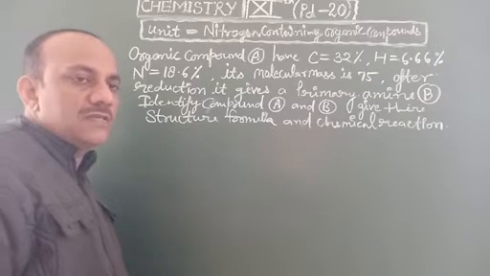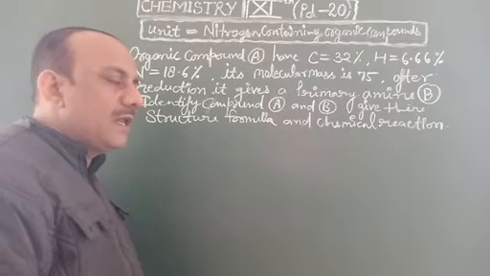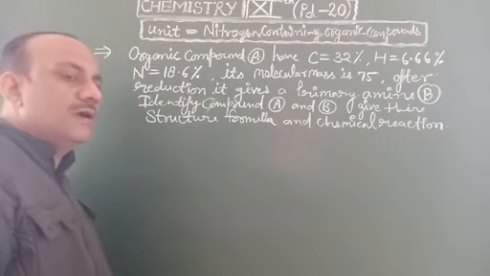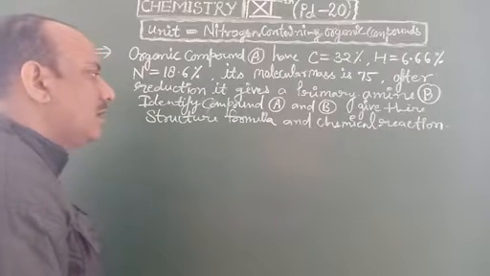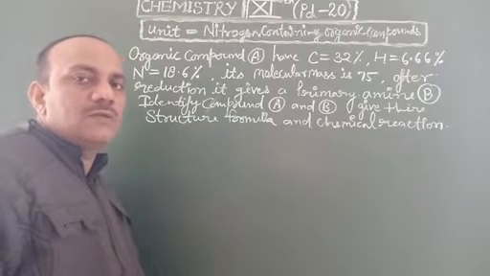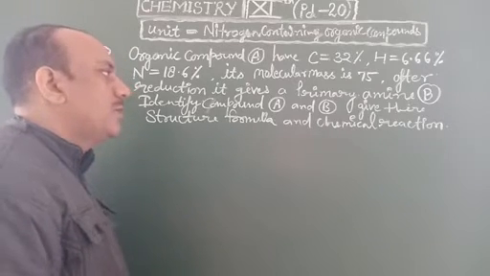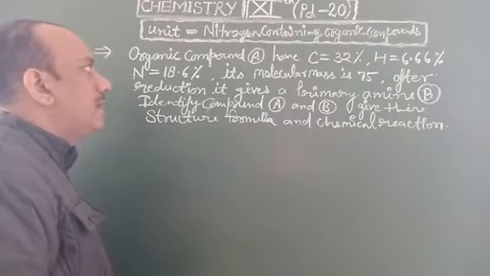In another section we studied arylamine, and here a compound named aniline. The last, third section is known as diazonium salt, and its compound is known as benzene diazonium chloride. So all three sections are completed here.